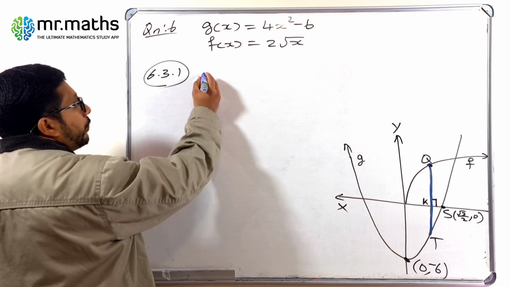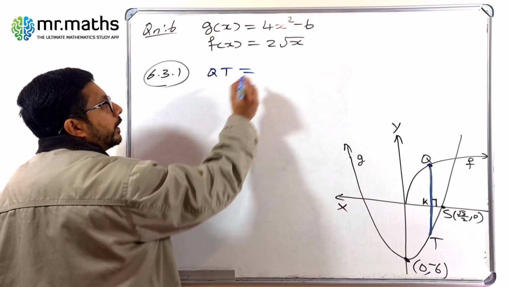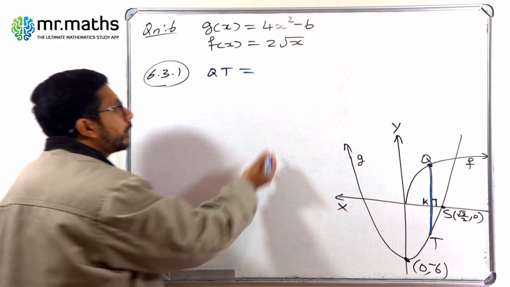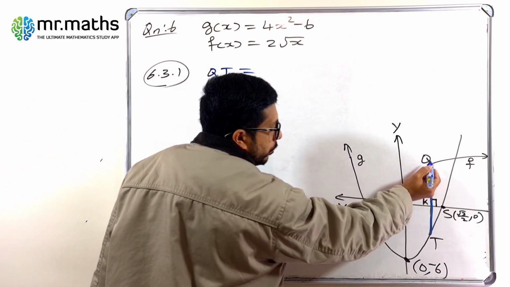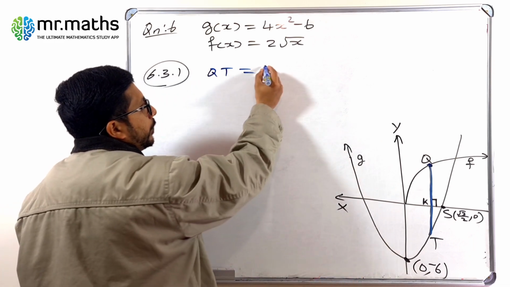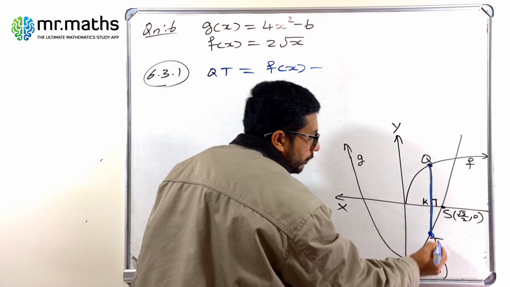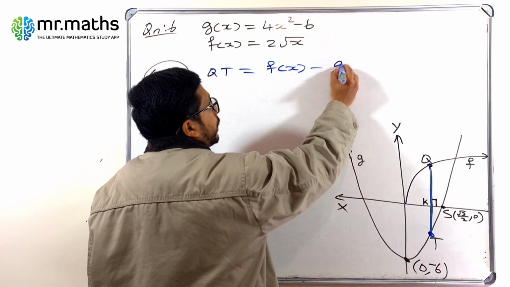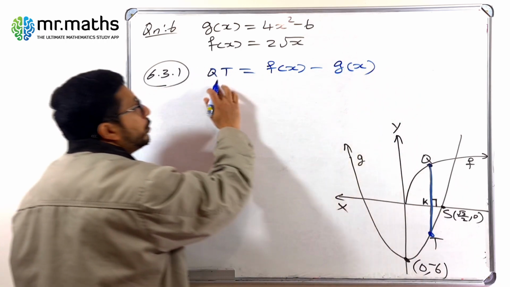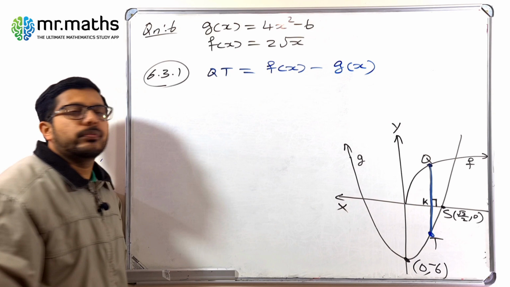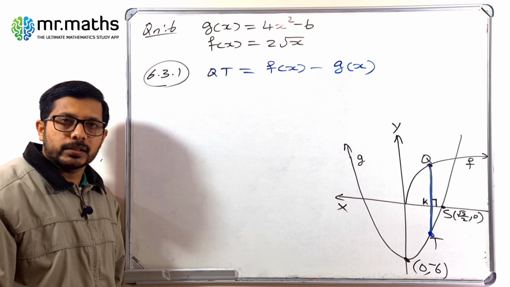So how can I find the length of QT? That is the same as QKT. Q lies on the f of x graph, that means f of x, minus T lies on which graph? g of x. That means the length of QT, you can find it like this: f of x minus g of x.